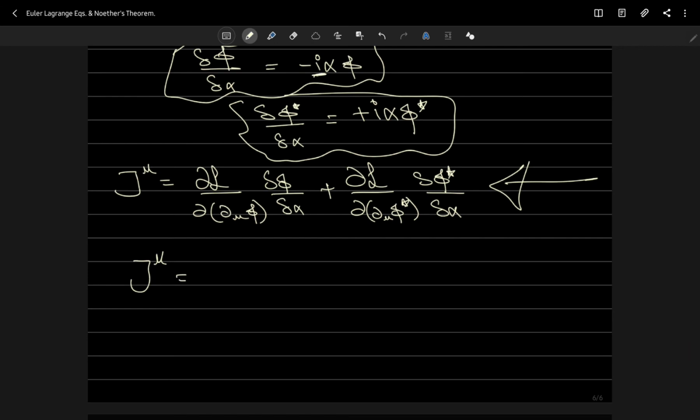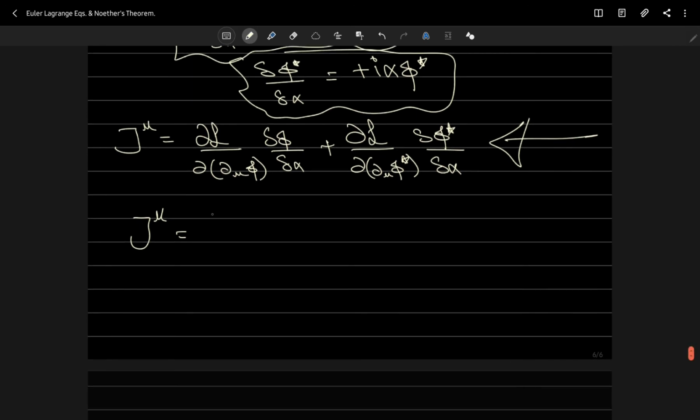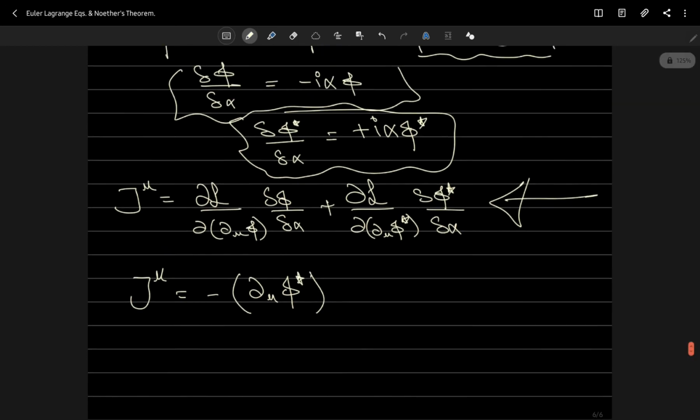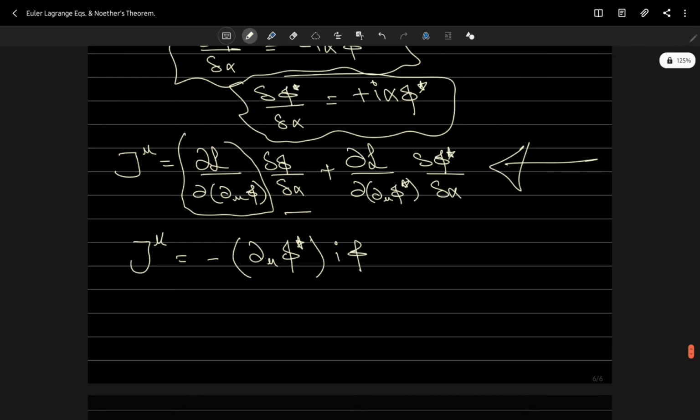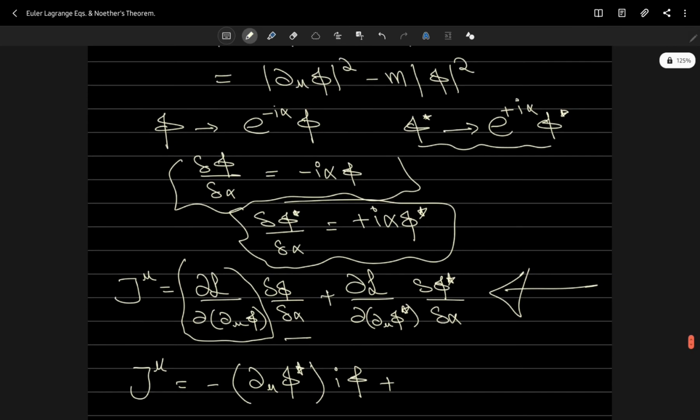Actually let me just write it down completely, let's not miss any steps. So we would have minus partial mu phi star, this quantity, and we would have iota phi, from this thing, and then I have plus, I made a mistake over here, and I apologize for that.